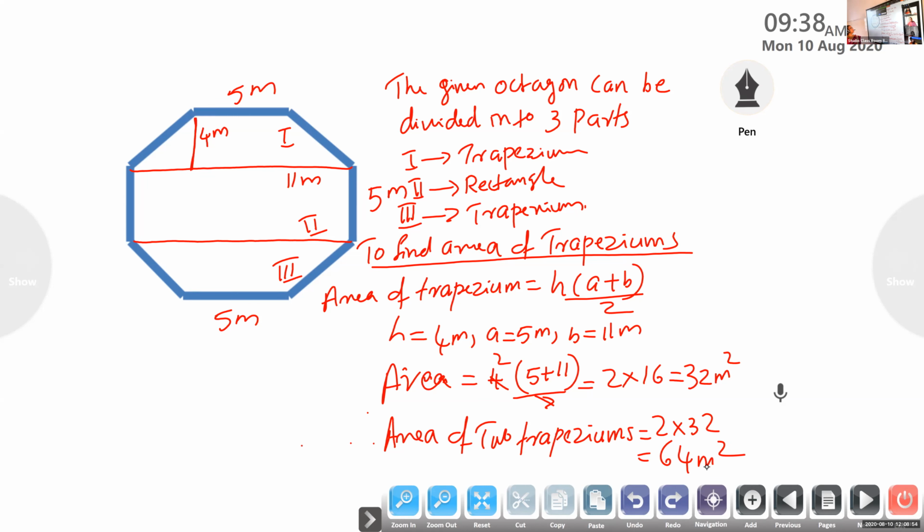So we got the area of the first part and the third part.